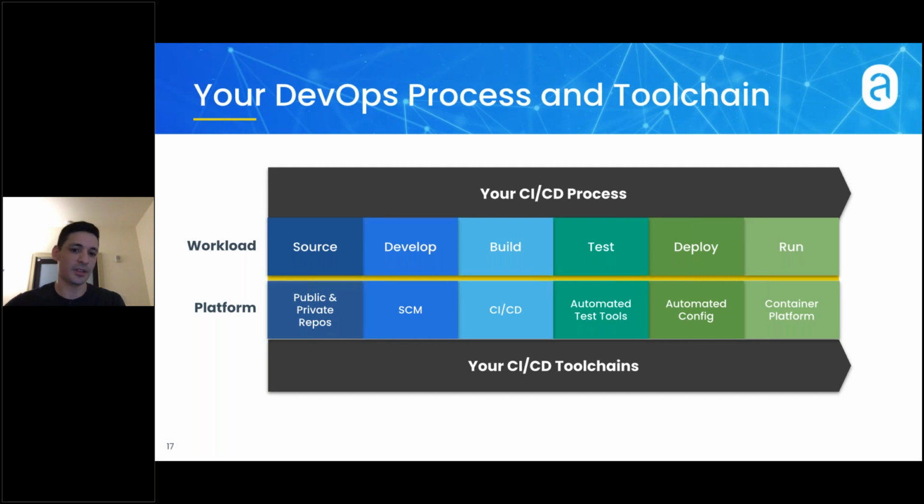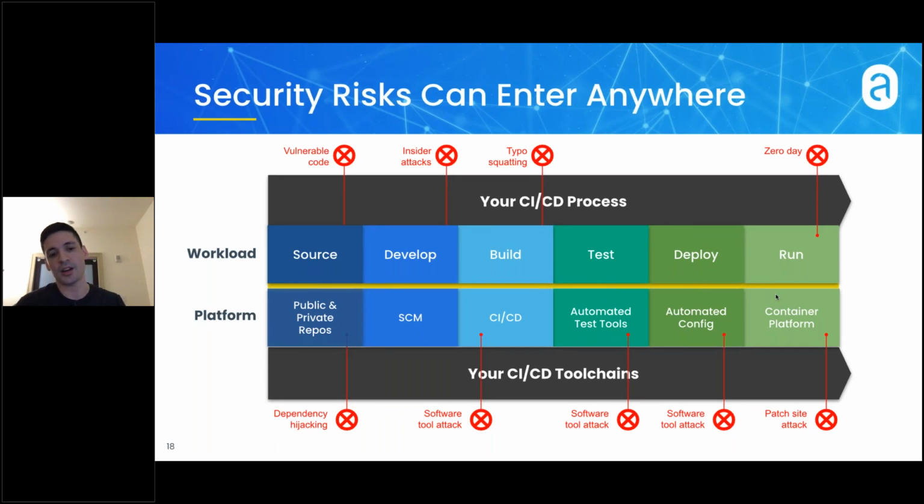And then we can also see the security risks that go into this process and tool chain. We have potential for dependency hijacking or compromising of the CI/CD or package manager, or maybe there's just a zero day that's impacting a container that's running. That's completely plausible as well.